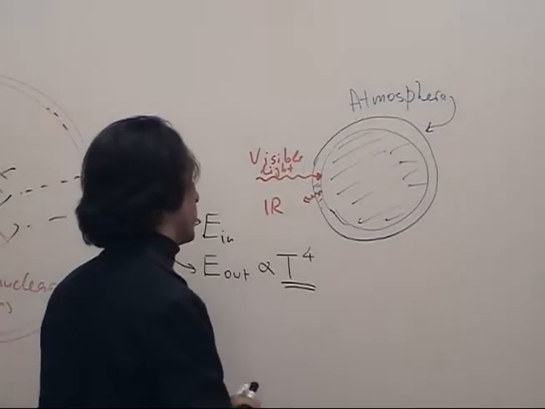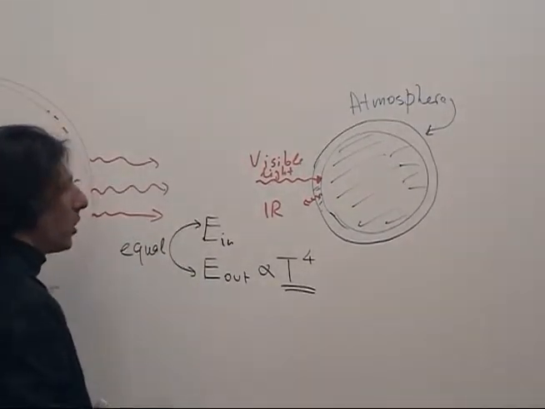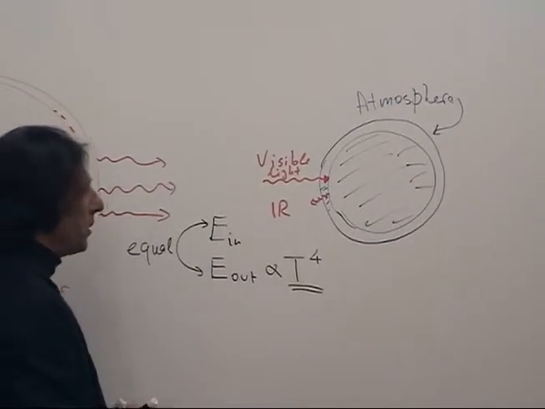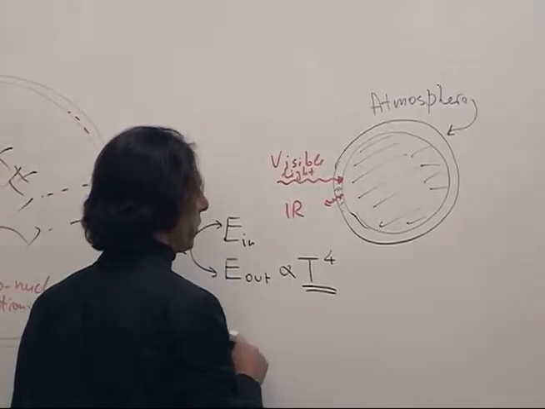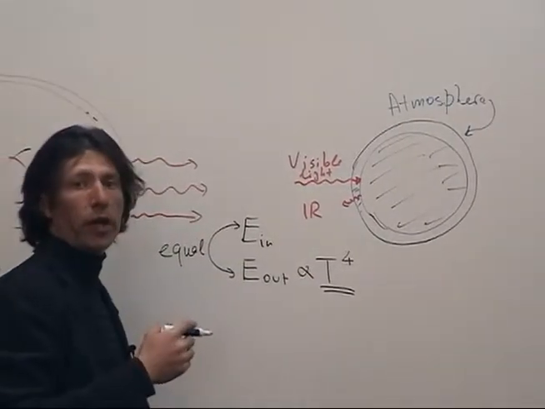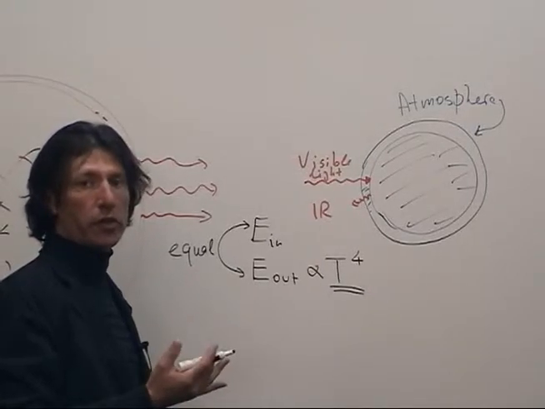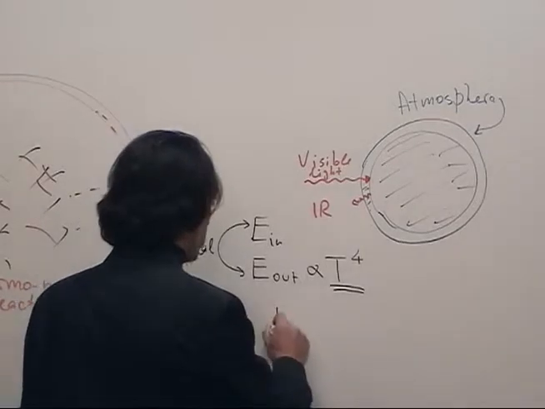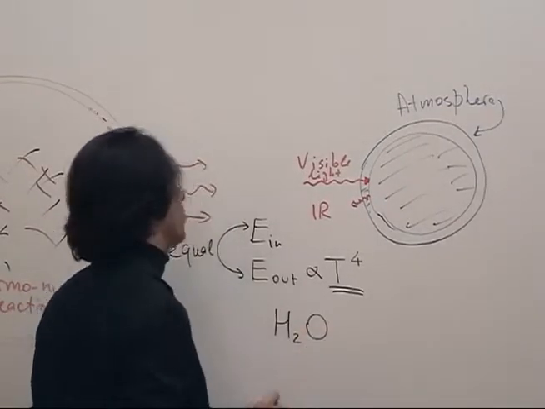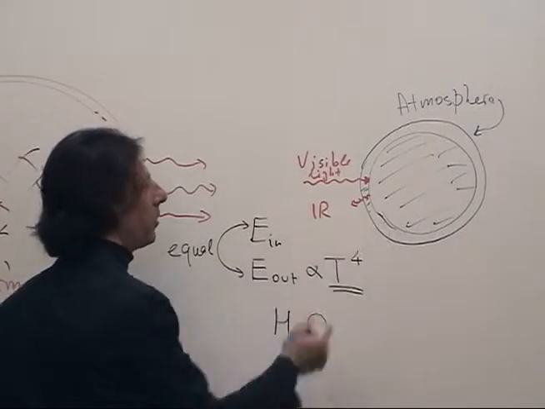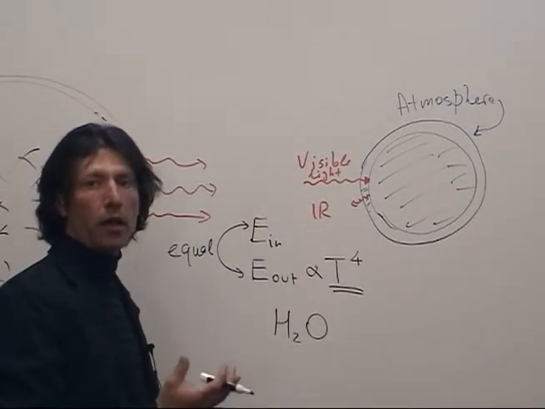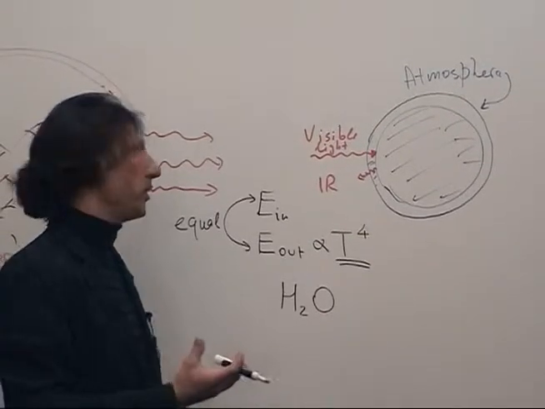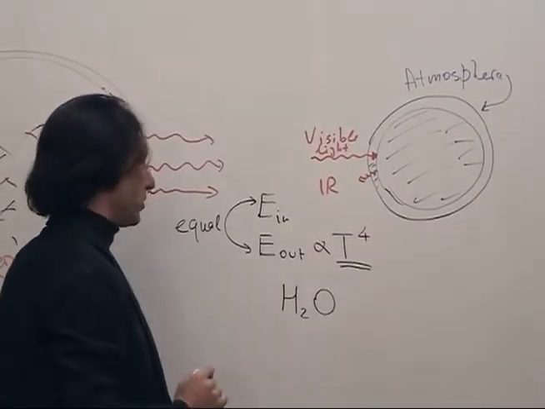So this will bring us to a discussion of possible environmental impact, because the transparency of the atmosphere to infrared light is determined by concentrations of various gases that have asymmetric molecules. Water is very important. Water vapor in the atmosphere is probably the main controlling factor of how transparent the atmosphere is to infrared radiation leaving the Earth's surface.